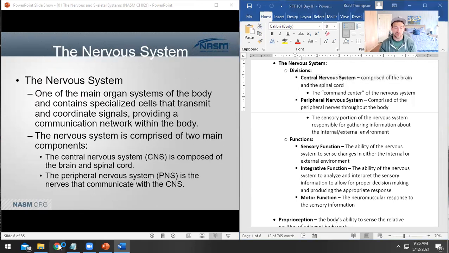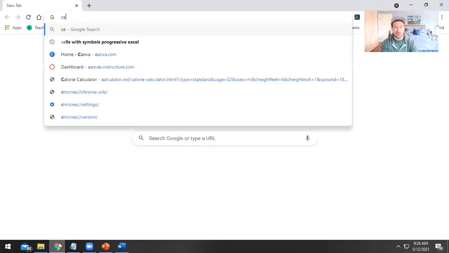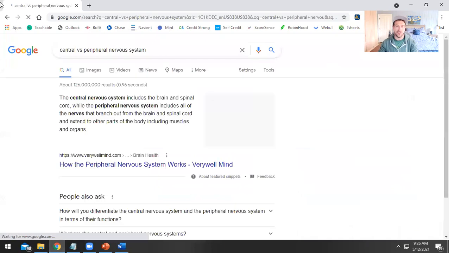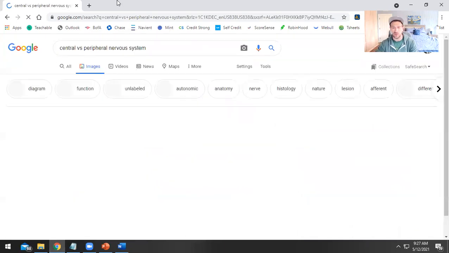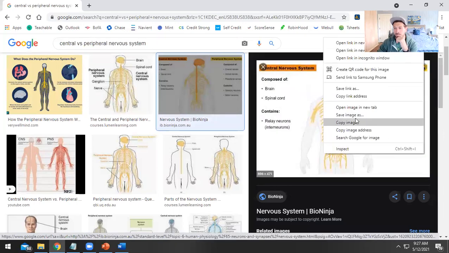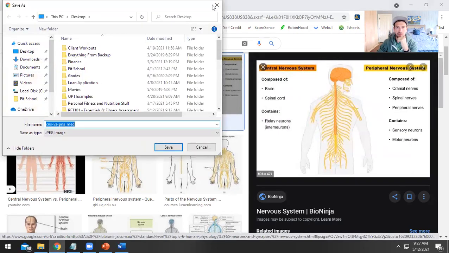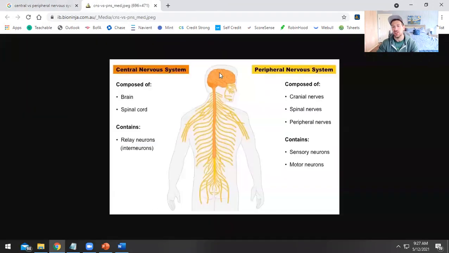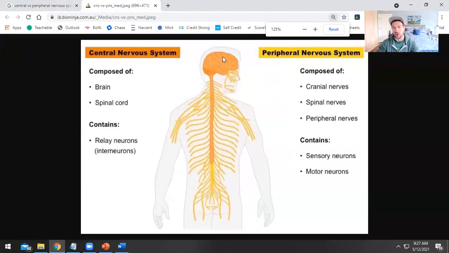If we look at the divisions here, at the difference between your central and your peripheral systems, you can see this is your central system in the dark orange here, right? Like I said, it's the brain and the spinal cord.